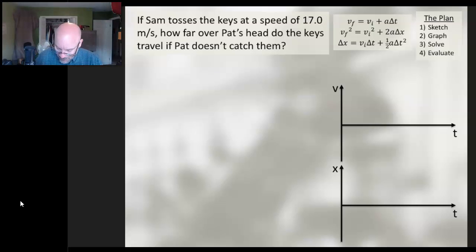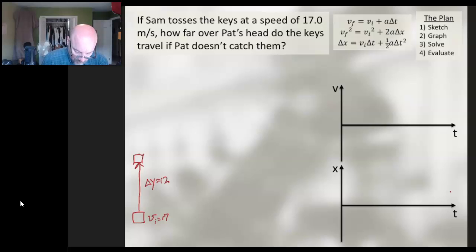So we'll make our drawing. We still know that we're at 17 to start with. It's going to go up, and here's where Pat is. So I'm going to say this delta y is 12. But it's going to go a little bit further here, so I'm going to call this y2.